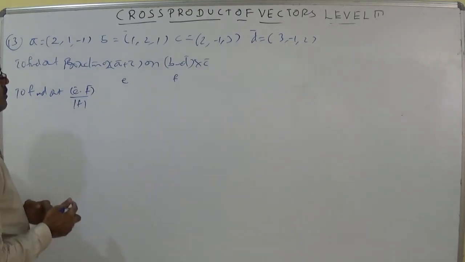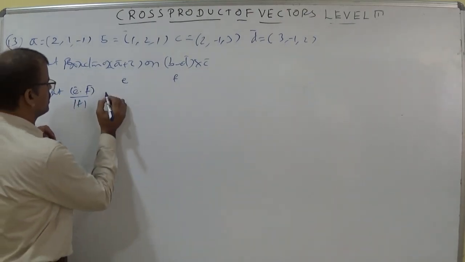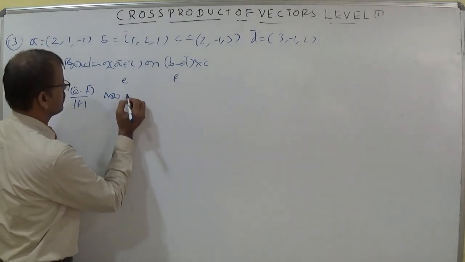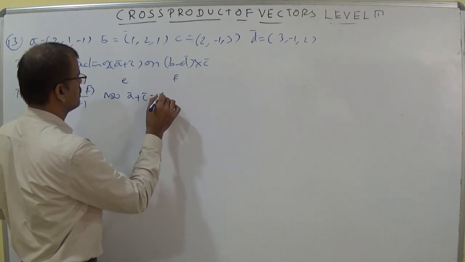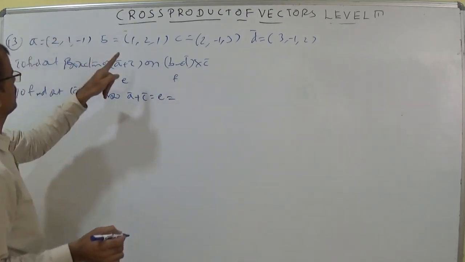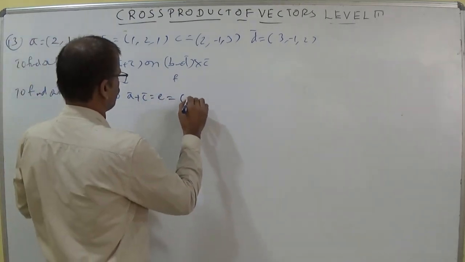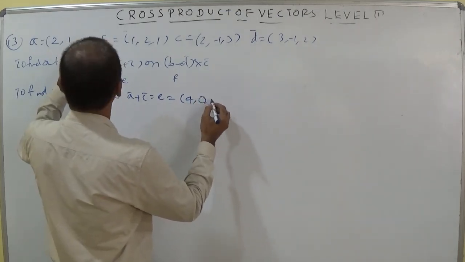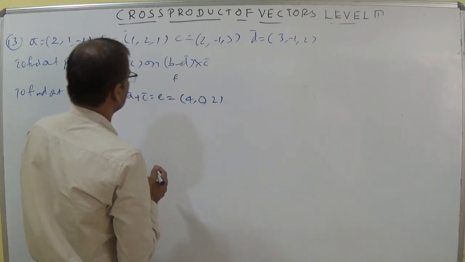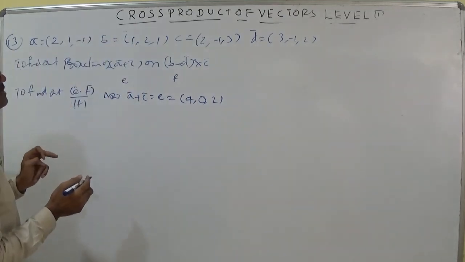First of all, A plus C, we put the name as E. A plus C value: 2 plus 2 is 4, 1 minus 1 is 0, minus 1 plus 3 is 2.